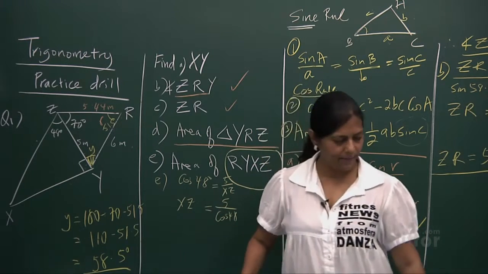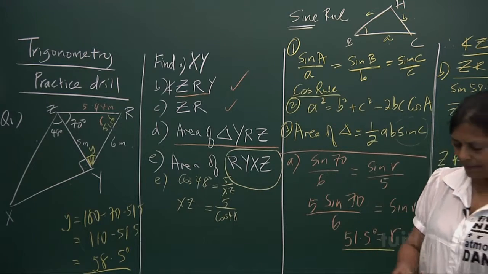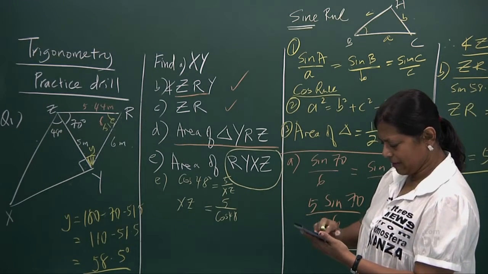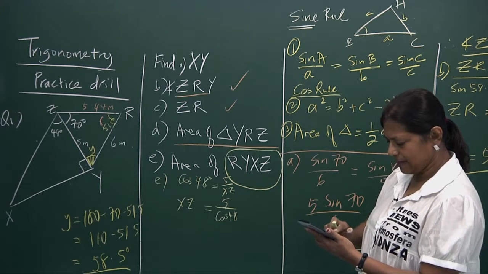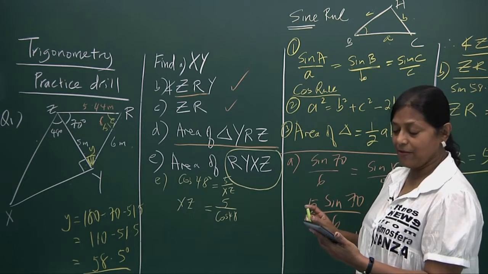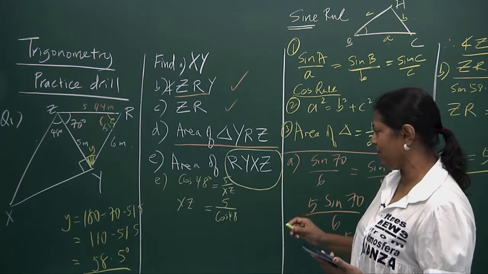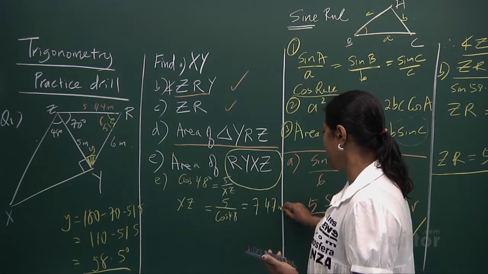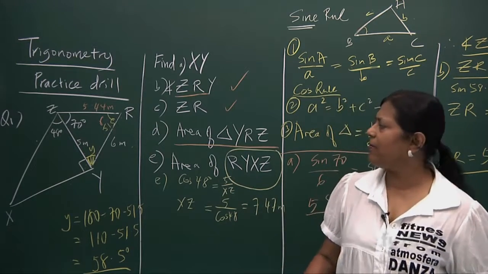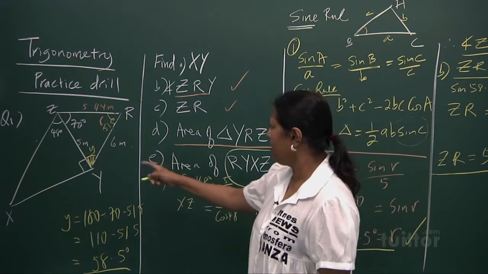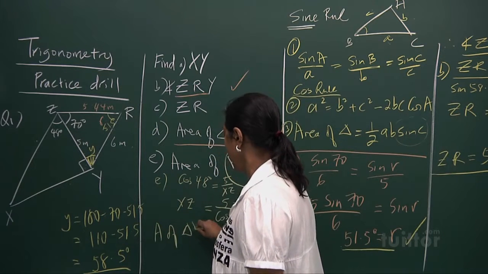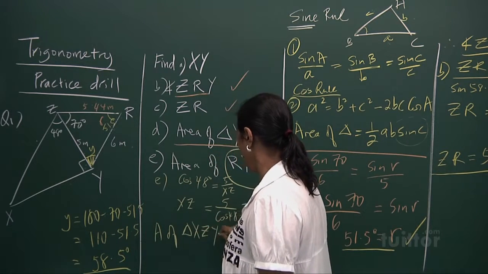Press it, my dear, get your answer. 5 divided by cos 48. The answer is 7.47 meters. And then the area of this triangle will be the area of triangle XZY.